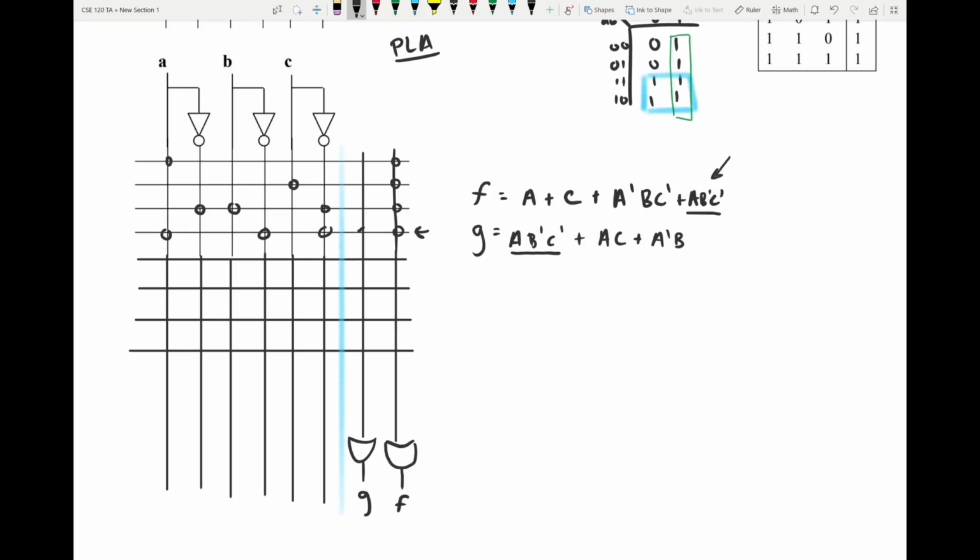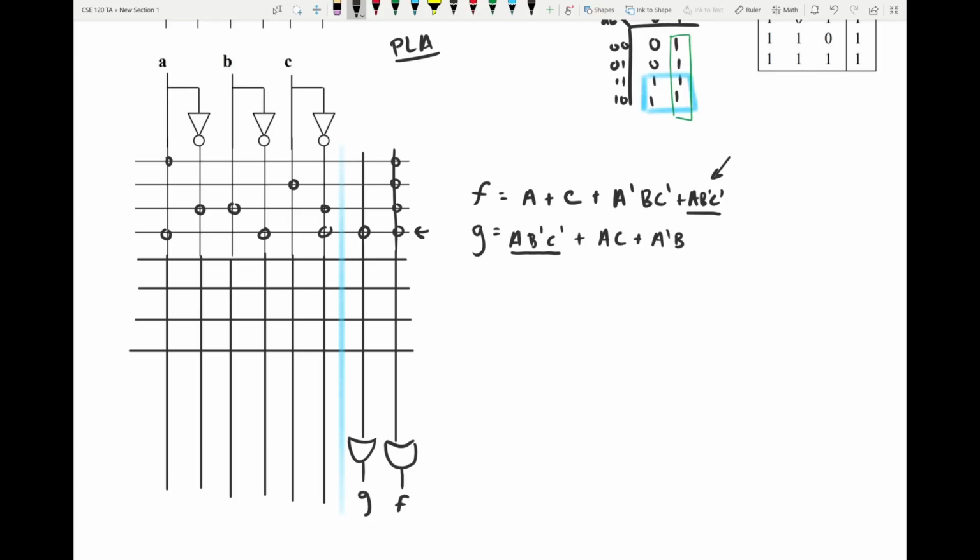And all I have to do that is draw another circle. And I can do that because that's just the way the PLA works. I can save myself a line there. So in theory, if I needed more than the allotted 8 options here, I could do that as long as I can double some of them up.